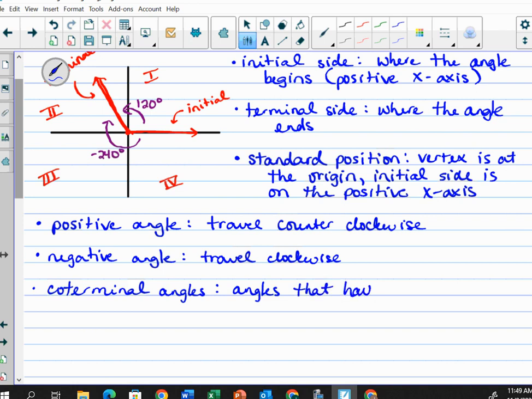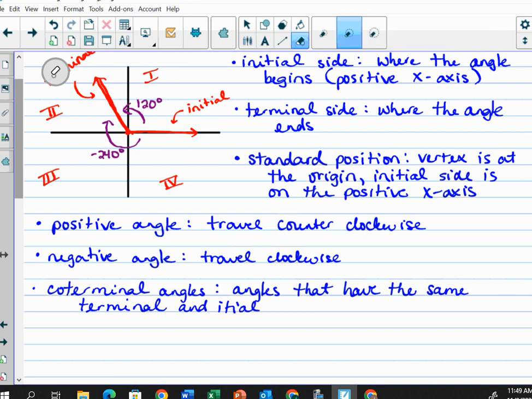These are angles that have the same terminal and initial sides, but different measures.